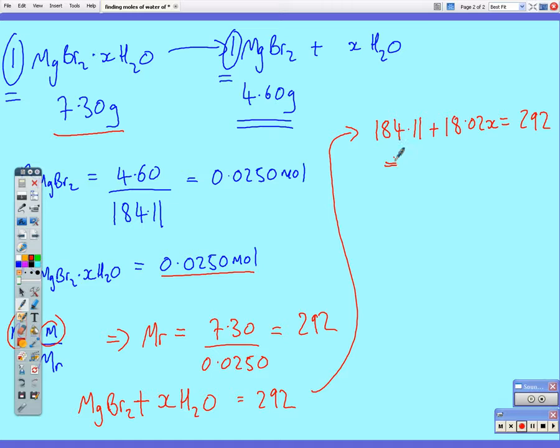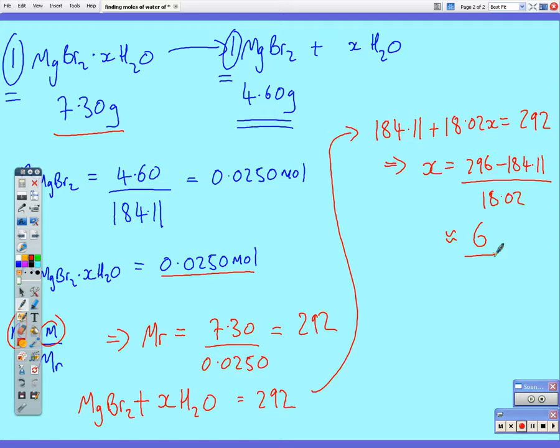If we solve that, we find that x is equal to 292 subtract 184.11 divided by 18.02, which is nearly 6. We get the same value. Either way can be used if you're not told.